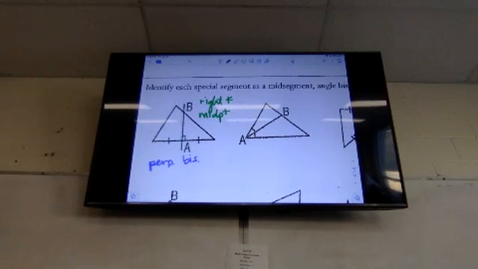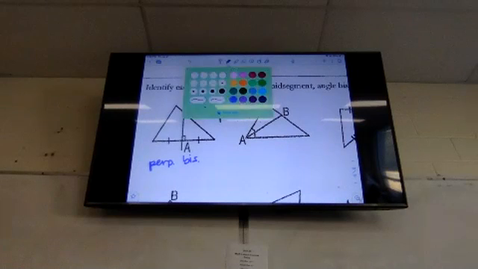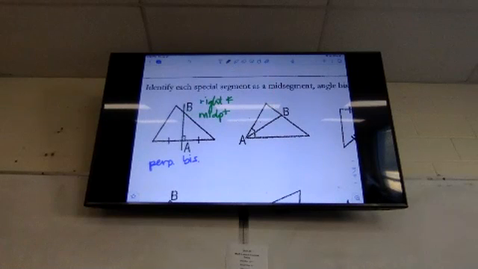Okay. What about the next one? What's going on here? What's special here? That one is an angle bisector. Why do you know that? It's cutting through the triangle. You're right. It makes two what?